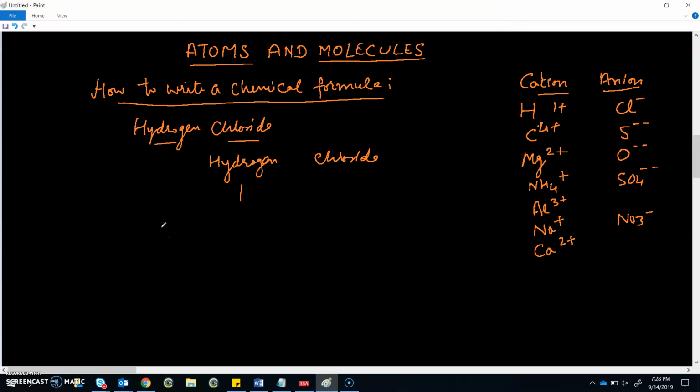Because for writing a chemical formula we need two things. The chemical formula can be written with the help of only two things. The first is the symbol.